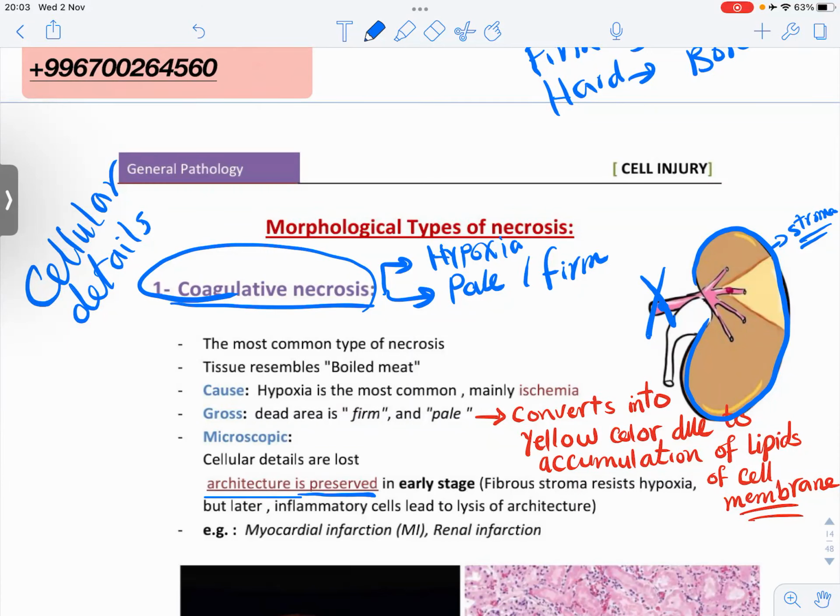So we see that the cells inside are destroyed, but the fibrous tissue outside, the stroma, the architecture, the surrounding stroma is the same. It's preserved. But in the later stage, the cells are destroyed and the stroma is also destroyed.